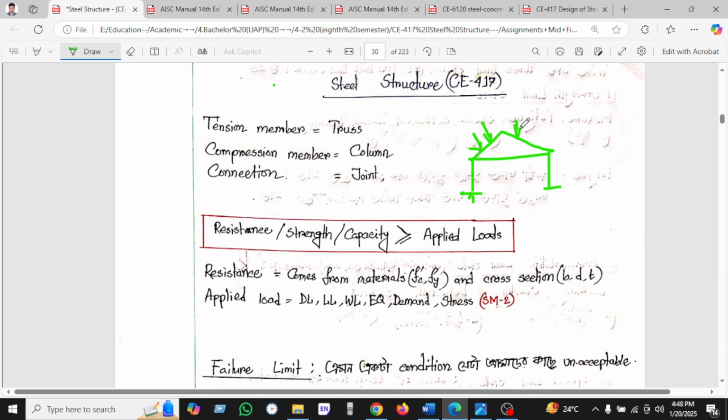It could be dead load, live load, or wind load, and the resisting strength and capacity will be greater. That means the member capacity, the member resistance, will be greater than the applied load.